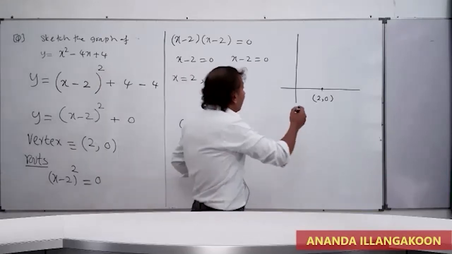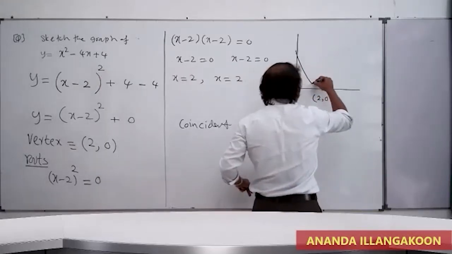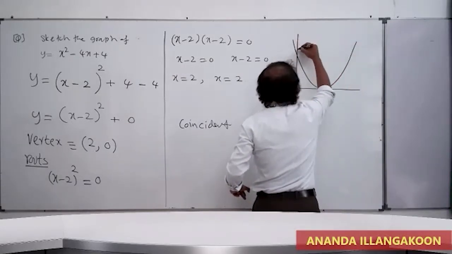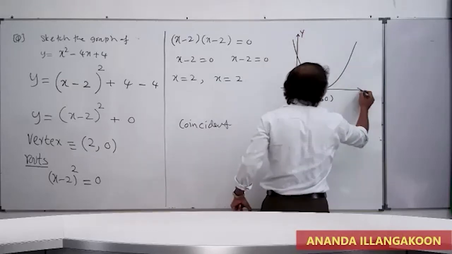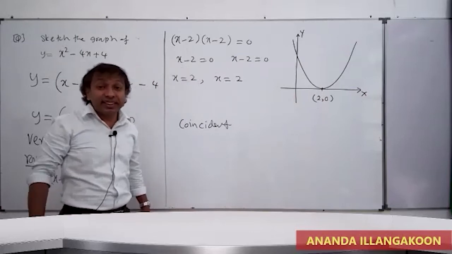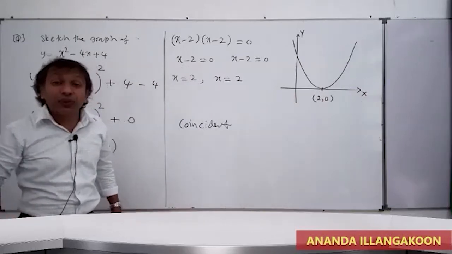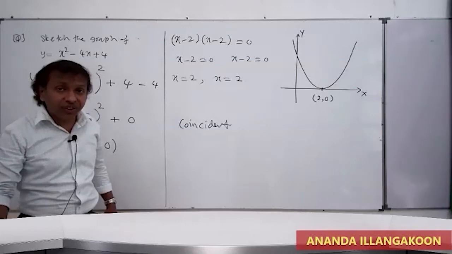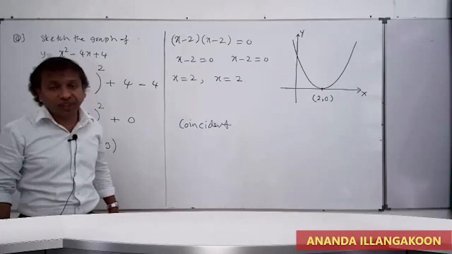Right? Then the graph is like this. So therefore, people, the second type exists in the roots: roots are real and equal, real coincident roots or coincident real roots.